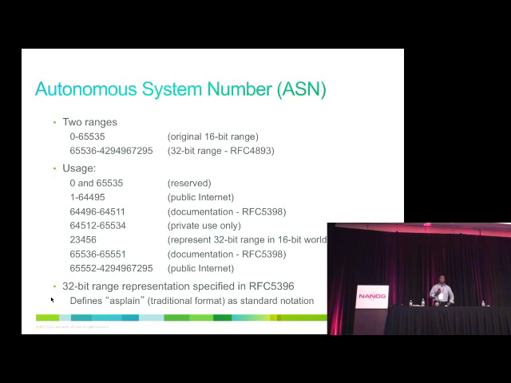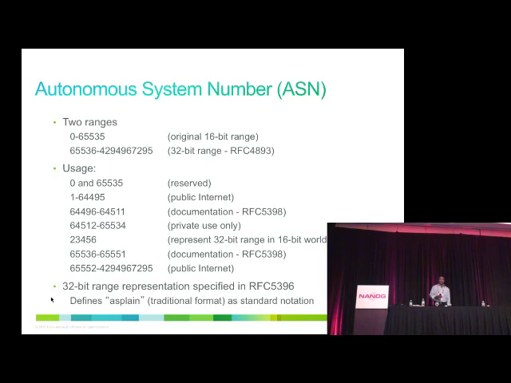So for autonomous system numbers, the 2-octet AS number ranges from 0 to 65,535. And the 32-bit range goes up to 2 to the power of 32, which is about 4 billion. The 0 and 65535 are reserved.